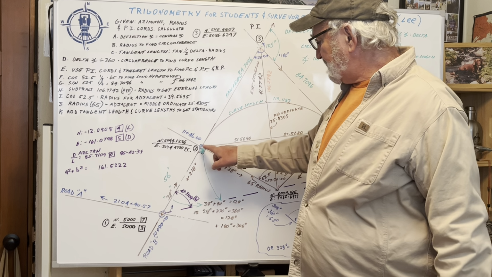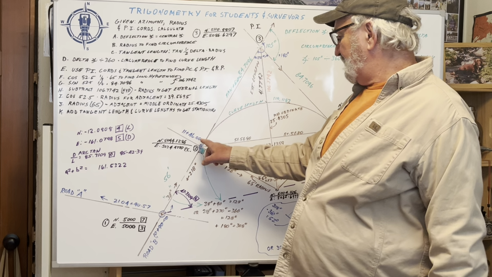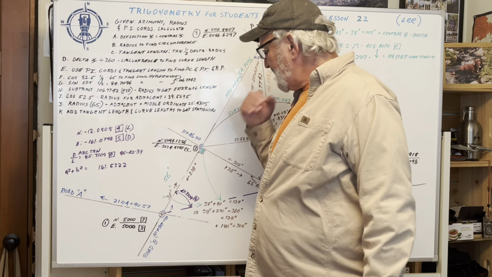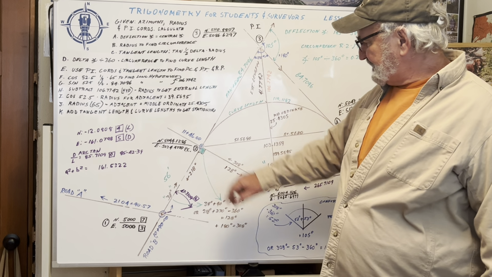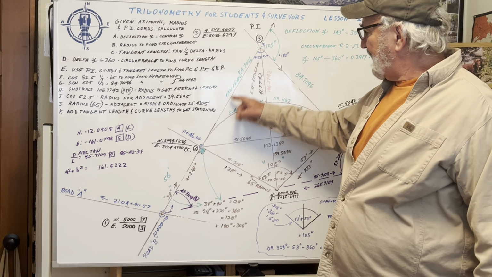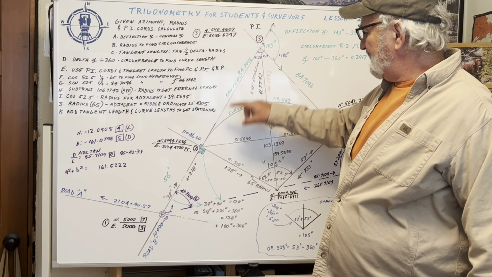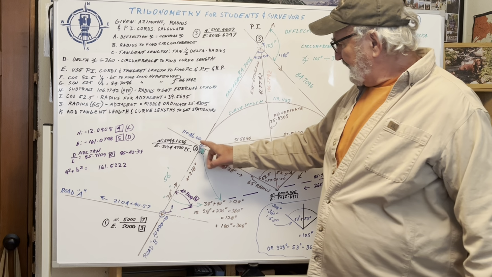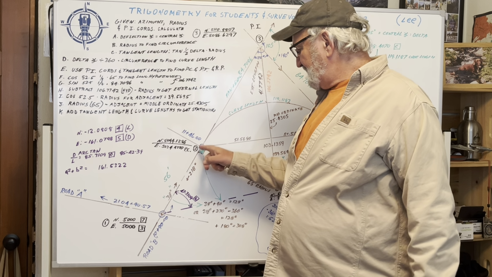So now the PC station is 11+46.00. That's where we're at there. We don't really need the station at the PI. We can add that, but we're really looking at the curve length. So we have 11+46 at the PC.